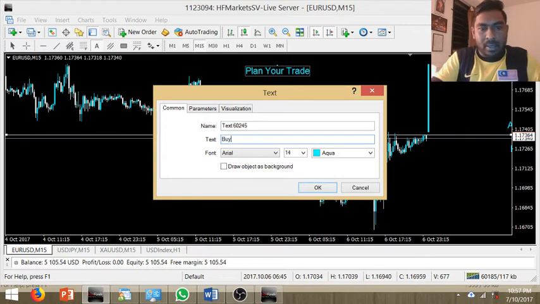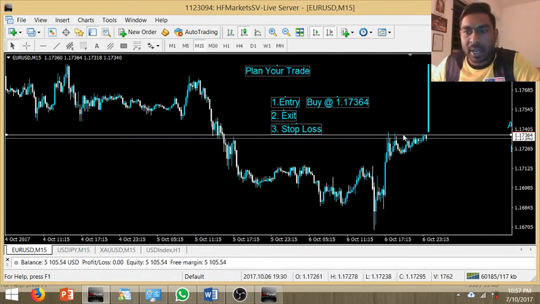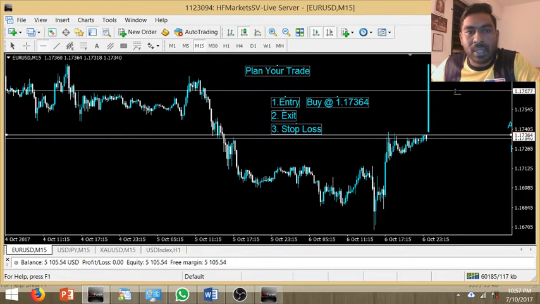You're buying at 1.17364. This is where you're entering the market. So you have entered the market. This white line denotes that you have entered the market with a buy position. Great. So now you are anticipating the price to come up to this level.